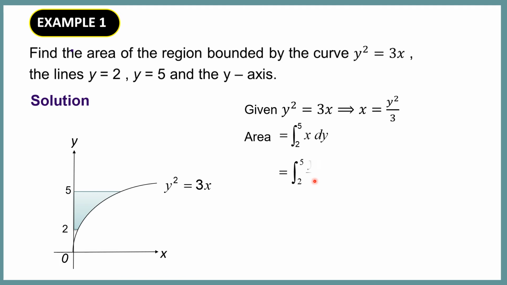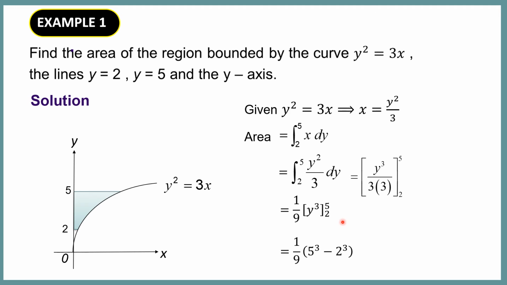Substituting x in terms of y, we have y squared over 3, integrating, simplifying, substituting the upper limit y equals 5, we have 5 cubed, minus, substituting the lower limit y equals 2, we have 2 cubed. Simplifying, we have the area equals 13 units squared.